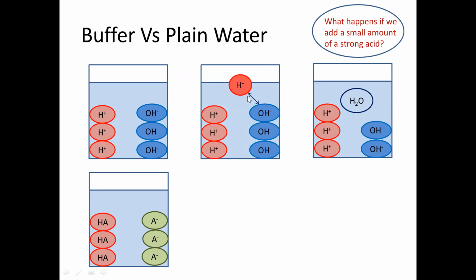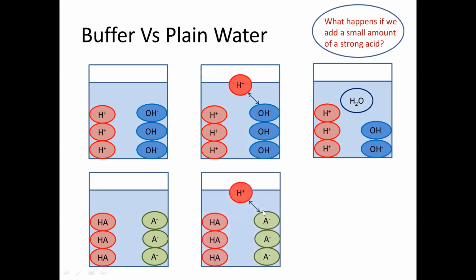So in a nutshell, we can say the concentration of H plus ions has increased in the solution, and due to the presence of naked H plus ions, the pH would change sharply.